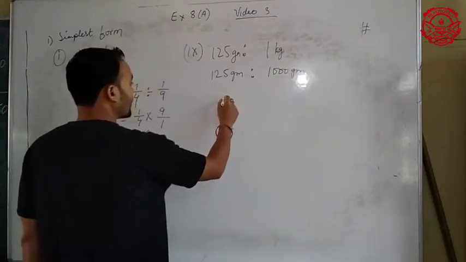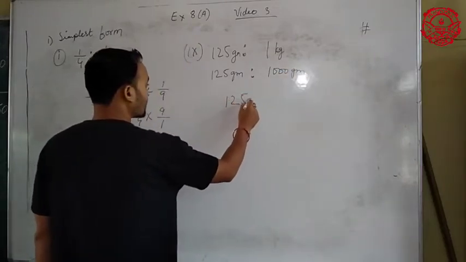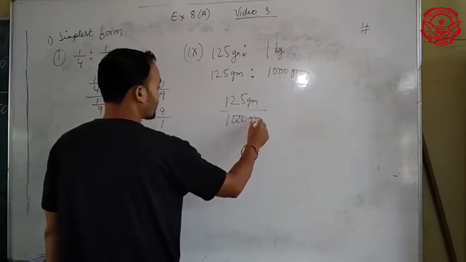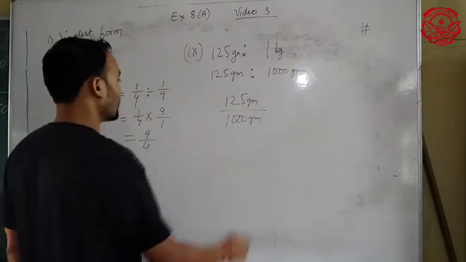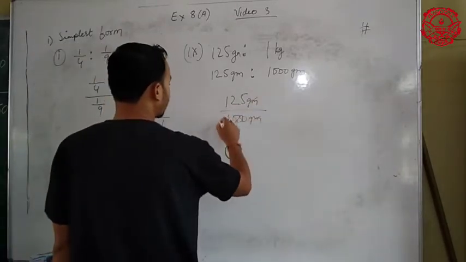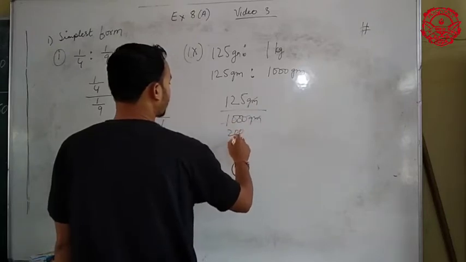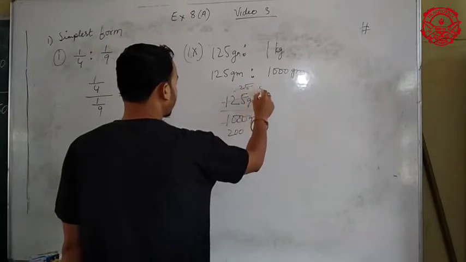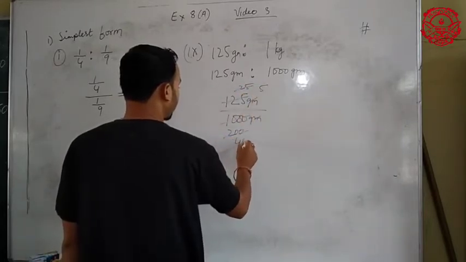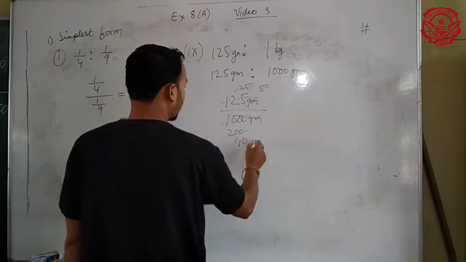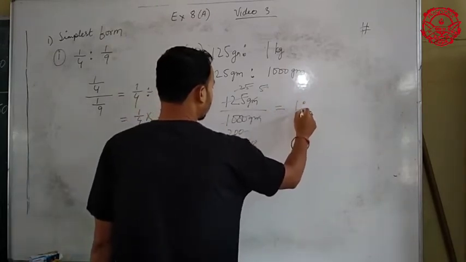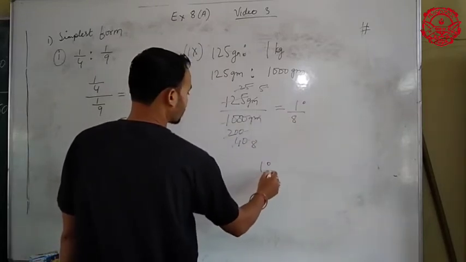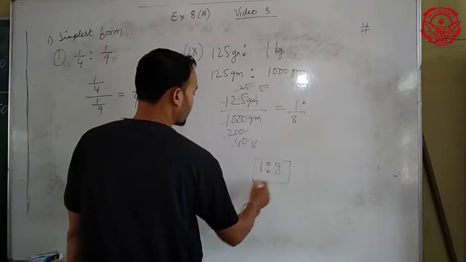Now the gram is cancelling out. Dividing by 5, then 5, then 5 again, the answer will be 1 by 8. So our new ratio is 1 is to 8. This is our new ratio in simplest form.